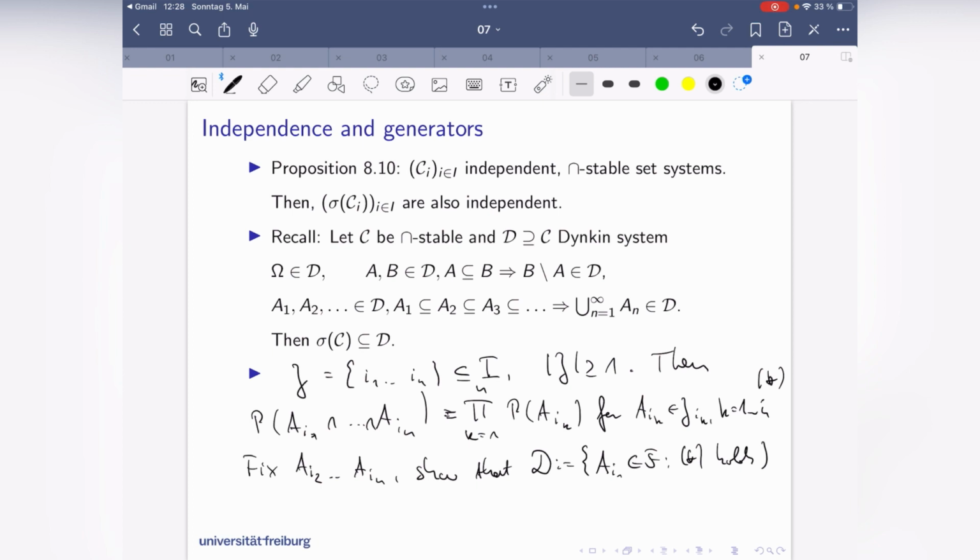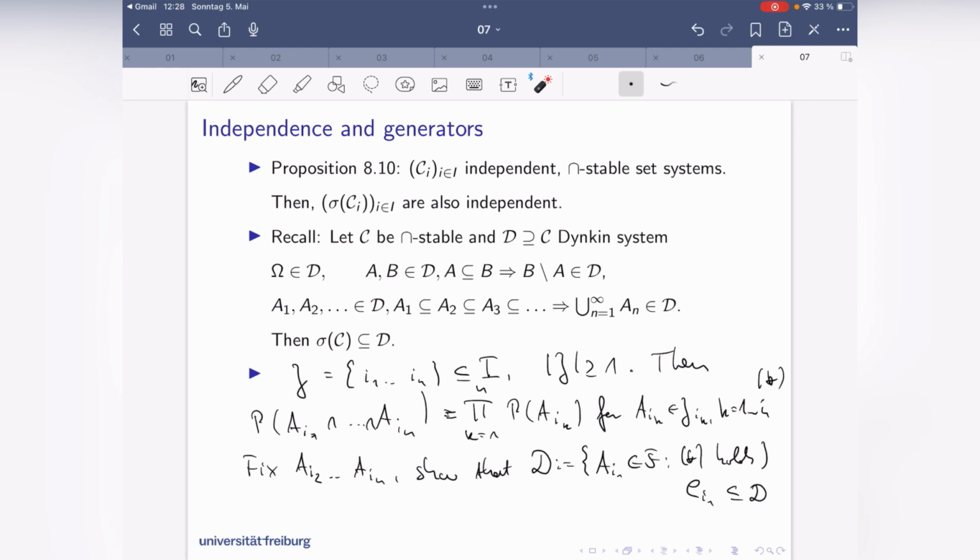So what is this here? Of course, by construction C_{I_1} is part of D. That's how this is done here, because for all A_{I_1} in C_{I_1} this formula here holds. But it might hold for more A's, right? For example, it's easy to see that it also holds for the complement of A_I.